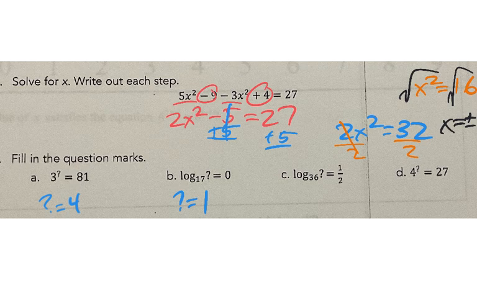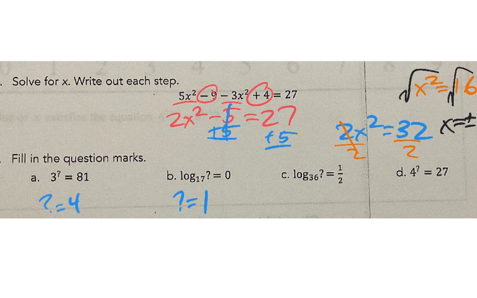It is 1. What question is this asking? 17 raised to 0 equals 1. This is saying 17 to the 0 power equals the question mark.